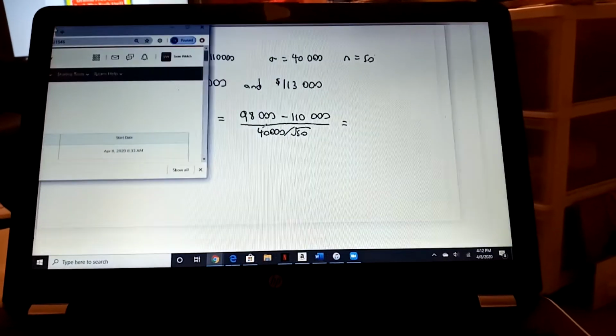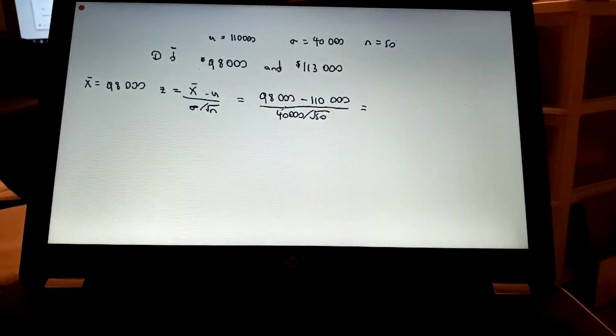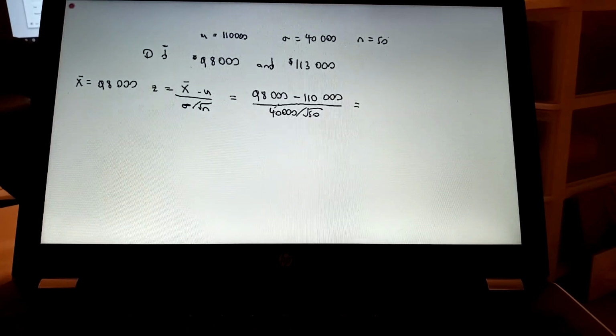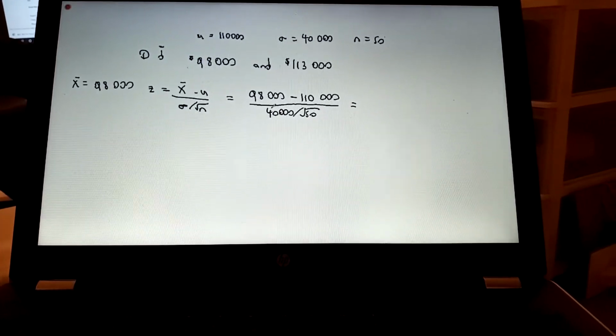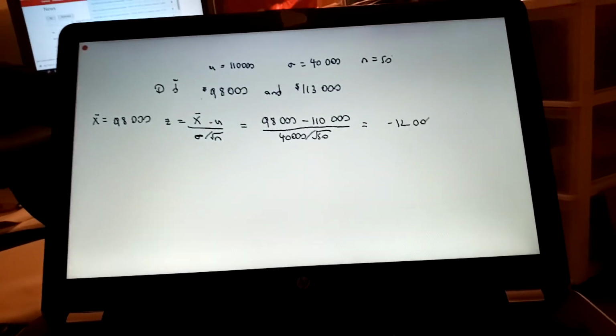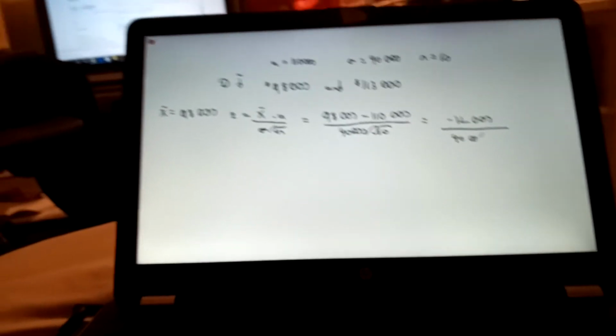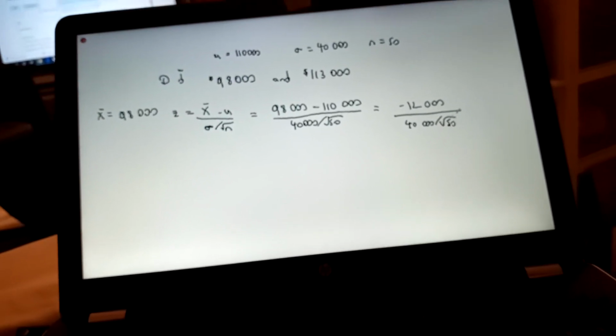Okay, so on the top, let's do 98,000 minus 110,000. That's minus 12,000 divided by 40,000 over the square root of 50.